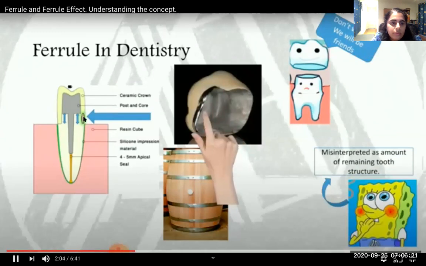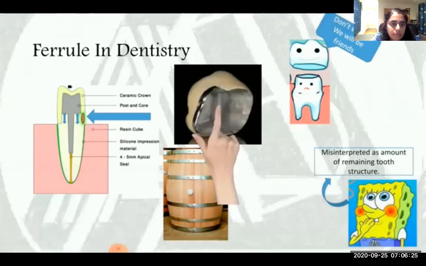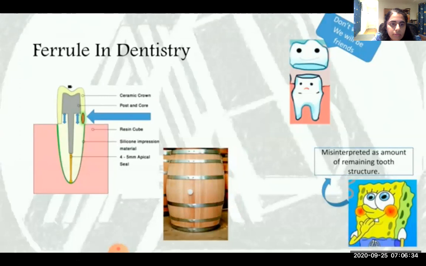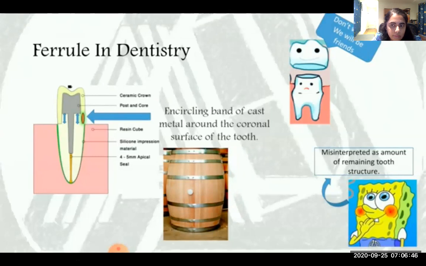So if we see the colored area in the first figure, this is the portion of the intaglio surface of the crown which is in contact with the residual tooth structure. So this band is present in a 360-degree fashion. This encircling band of cast metal which is in contact with the coronal surface or remaining tooth structure is called ferrule.